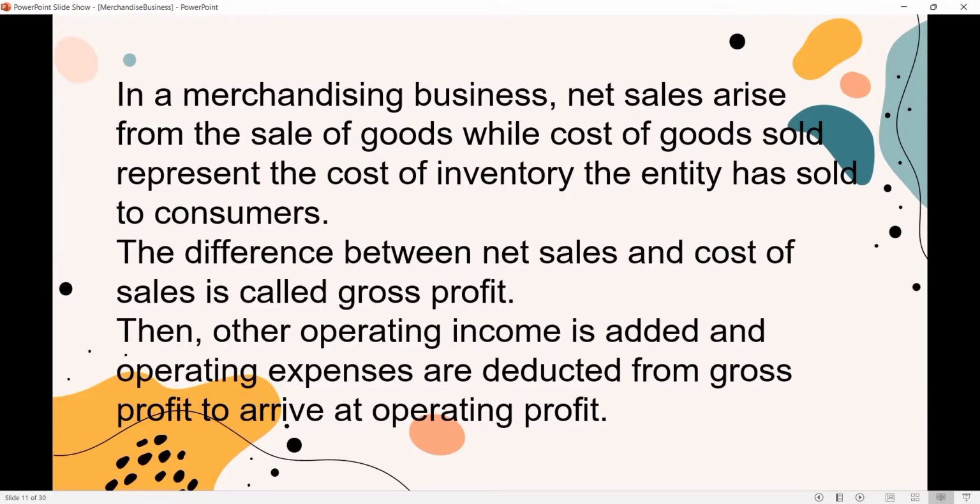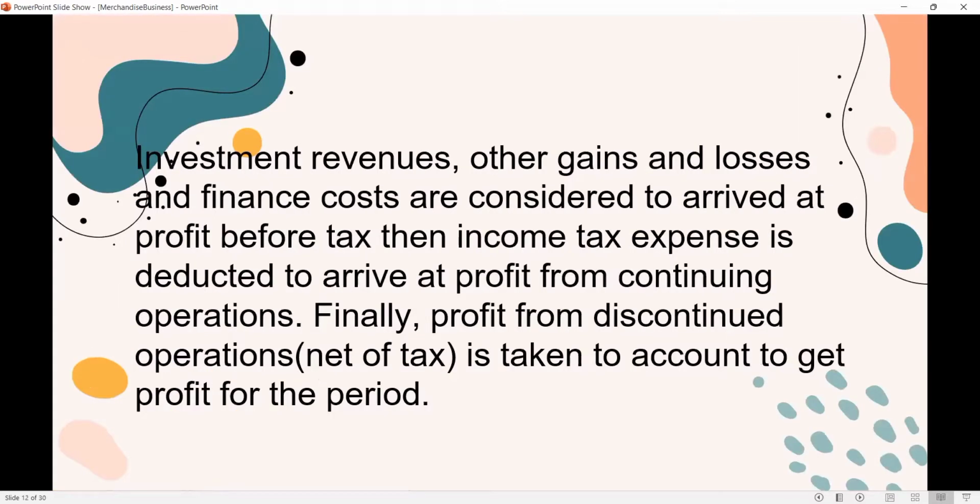Next, investment revenues, other gains and losses, and finance costs are considered to arrive at profit before tax. Then income tax expense is deducted to arrive at profit from continuing operations. Finally, profit from discontinued operations net of tax is taken into account to get profit for the period.